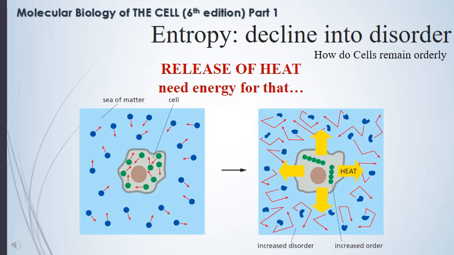So the idea here is that if that heat is dissipated to the surrounding, the overall entropy will increase, but the entropy inside the cell will actually drop. But if we take the whole system as a unit, we have an increase in entropy. So we are not in violation of the laws of physics, thankfully.